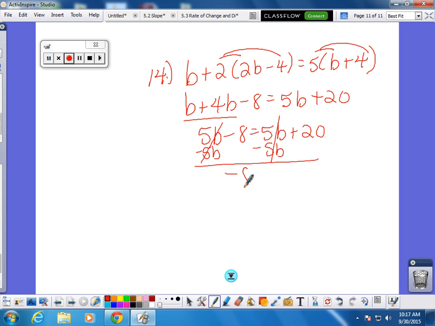There is nothing, and this is a false statement, and so there is no solution. That's when no solution happens: the variables cancel, and you're left with a false statement and only numbers. Alright, got one more.